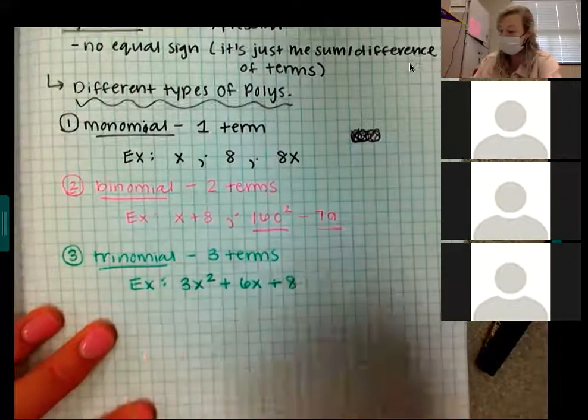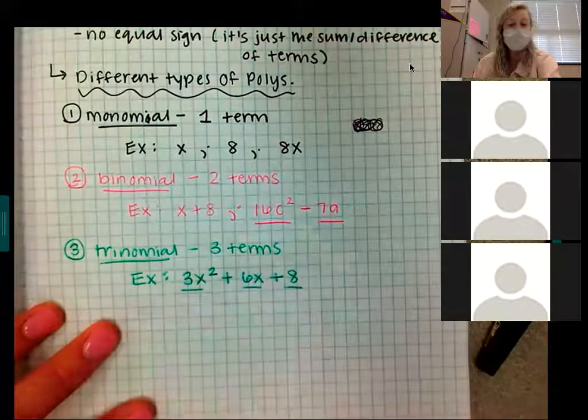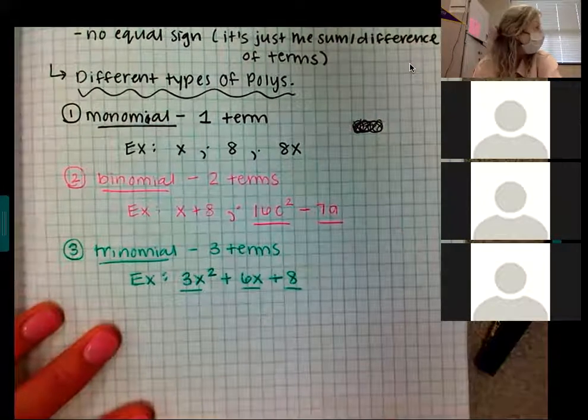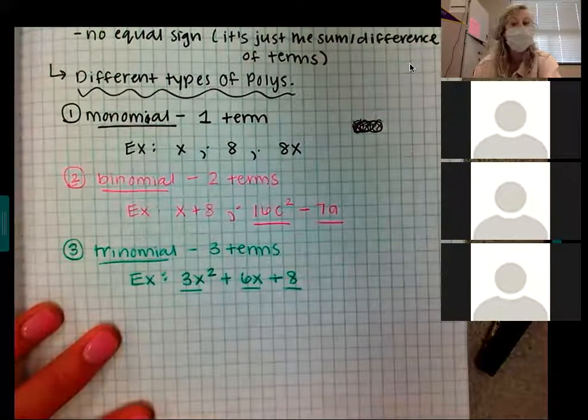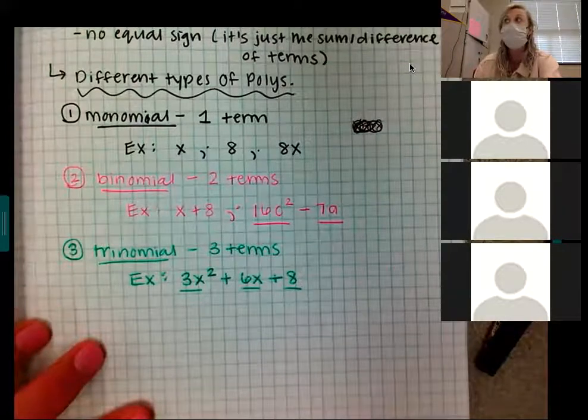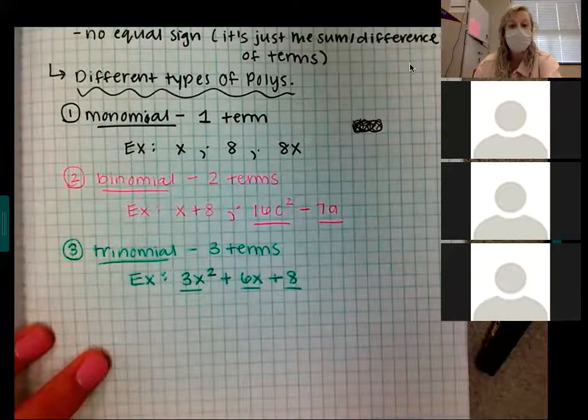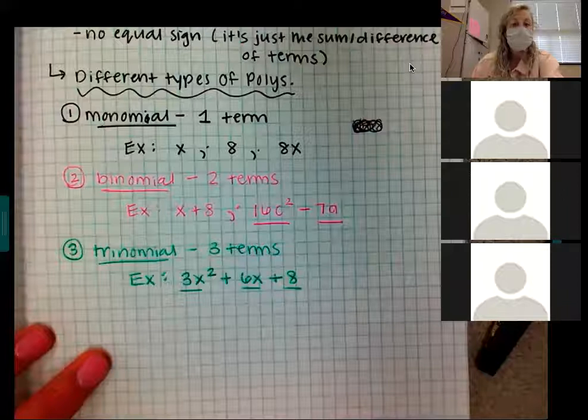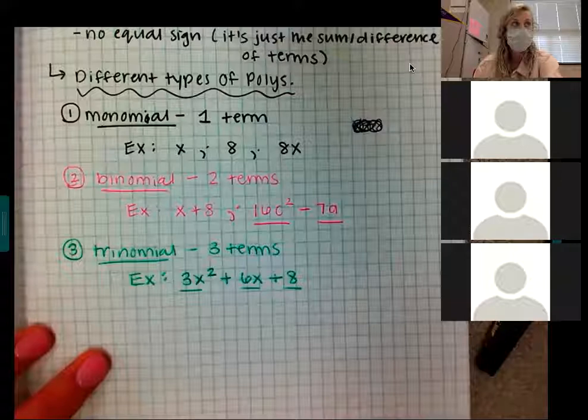Does everybody agree that is 1, 2, 3 things being added together? Yeah, so that's a trinomial. It's a polynomial, but specifically it's a trinomial. Y'all okay with that? All right.